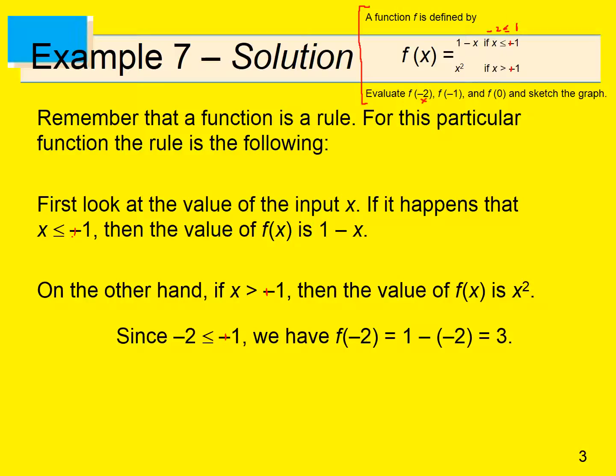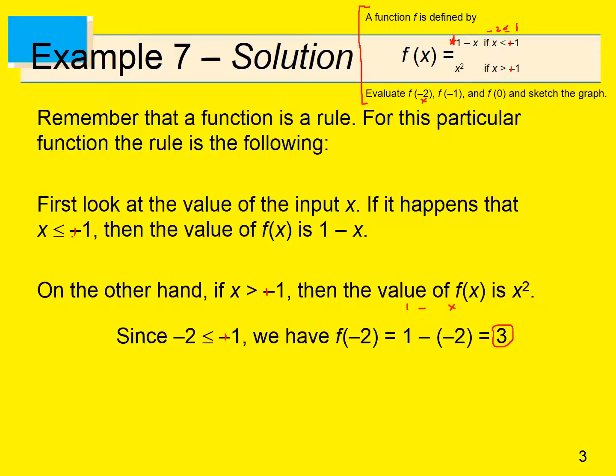We're going to use the top rule, not the bottom rule. It's the top rule, 1 minus x. So we're going to substitute that negative 2 for x in 1 minus x. X is negative 2. That's just like 1 plus 2, which is 3. So the answer to the first problem is 3.